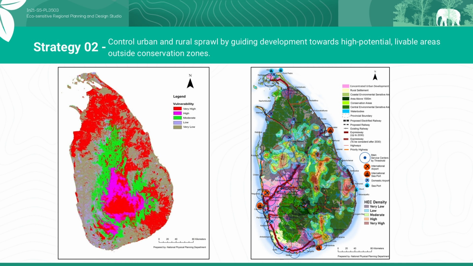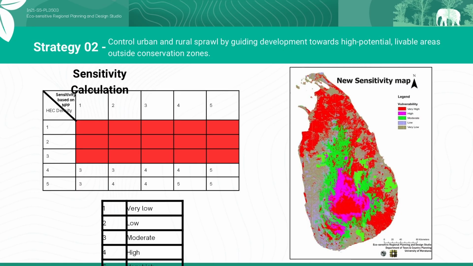From that we concluded that when it comes to sensitivity, the National Physical Plan failed to consider HEC density as one of its criteria. So our group made a new sensitivity map which includes HEC density as one of the criteria for sensitivity.